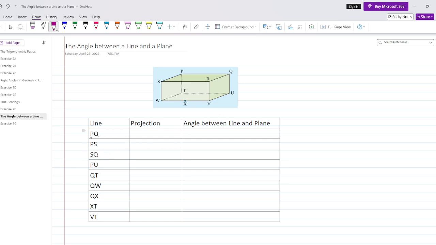So let's consider line PQ. PQ is this line. Its projection is its shadow at the base. So the projection is going to be PU.